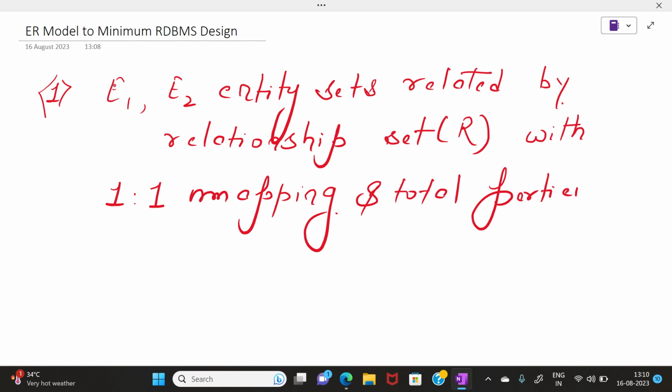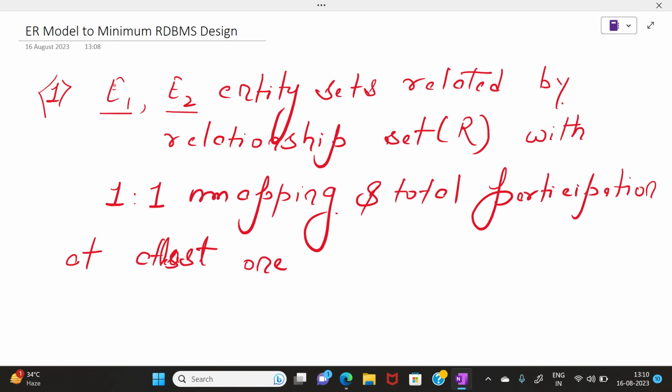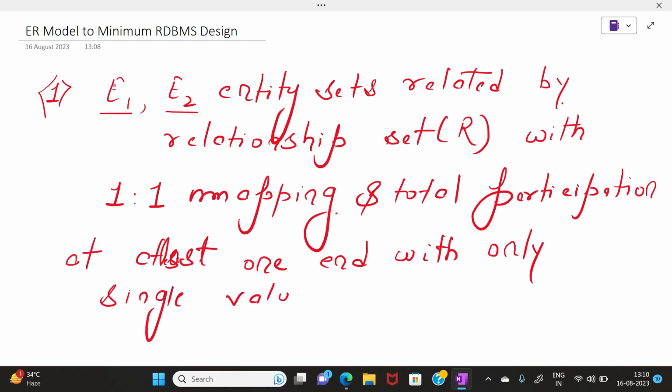Total participation constraint I have already covered in the earlier videos, where all the entities of one entity set are associated with every other entity of the other entity set E2, and at least one end with only a single valued attribute. This also has been covered, the single valued attributes and the multi-valued attributes.